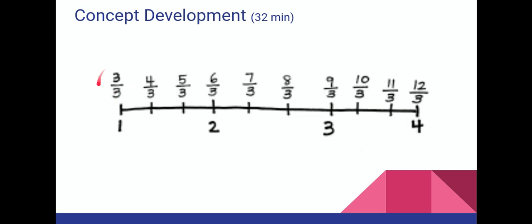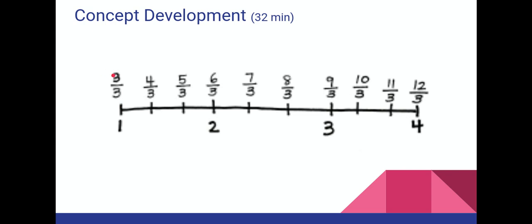It starts with the 3/3 and the 1. I did not start my number line at 0. I started my number line at 1. So I know that if I have broken up 1 whole into thirds, it would equal 3/3 because I have all 3 out of 3 pieces.